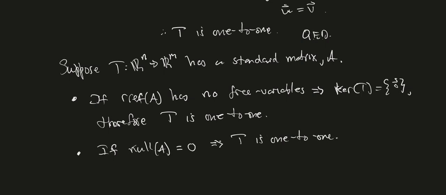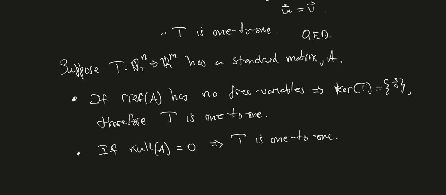All right. Now, what about onto? Well, for it to be onto, we'd have to make sure that the number of pivots, which is the rank of the matrix, would have to be equal to M, right? So in other words, if it's onto, then we want to have a basis that consists of exactly M vectors.